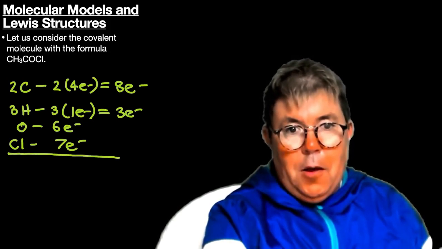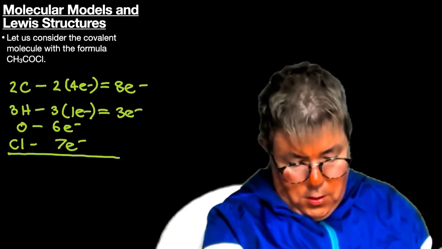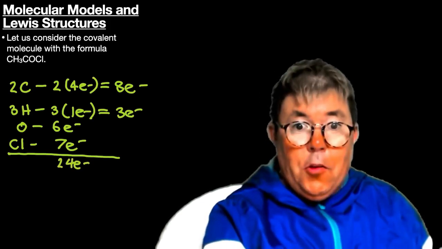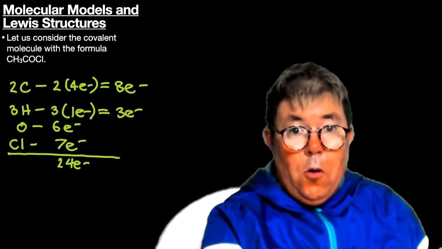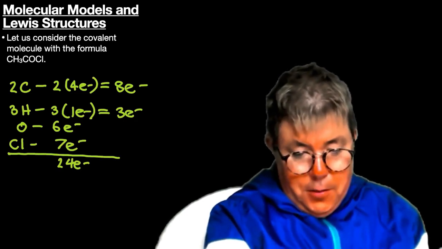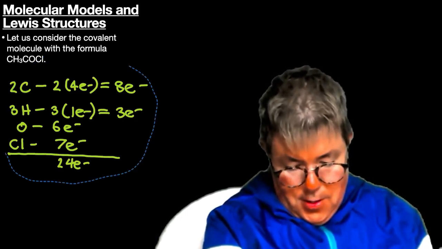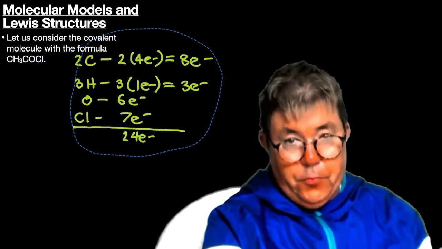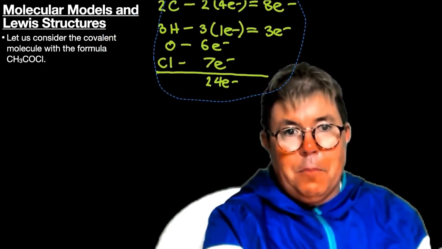We get 11 plus 13 gives us 24 e-. So when we draw this particular Lewis structure, we want to use 24 and only 24 electrons. So let's move this off to the side, and we'll keep this here so that we can use it a little bit later. I'll put this up at the top.